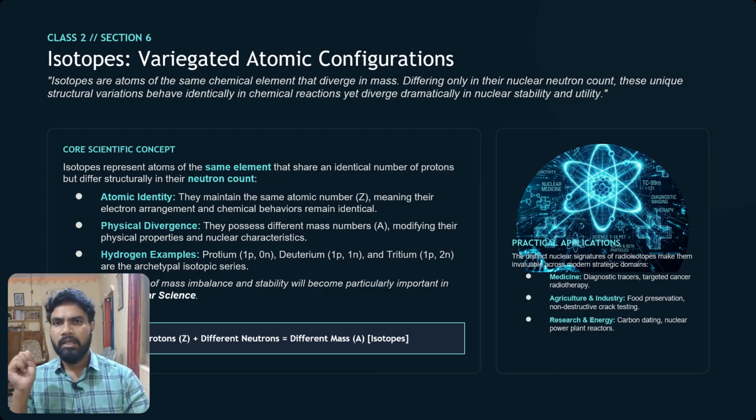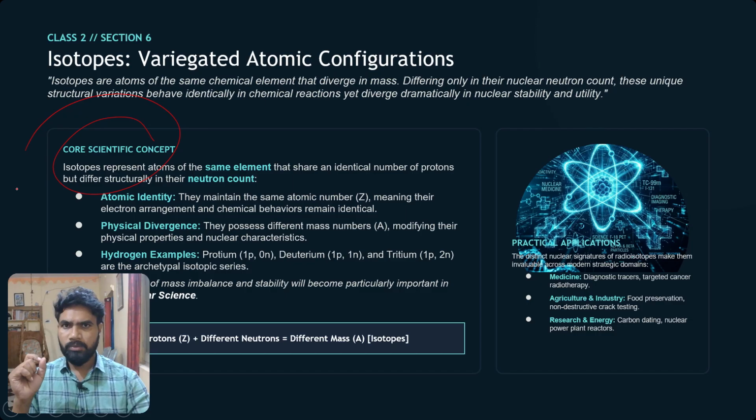If you see the core scientific concept of isotopes, isotopes represent atoms of the same element that share an identical number of protons but differ structurally in their neutron count. Means the number of neutrons differs in them. So they maintain the same atomic number Z, meaning their electron arrangement and chemical behaviors remain identical, but physically they exhibit different behavior.